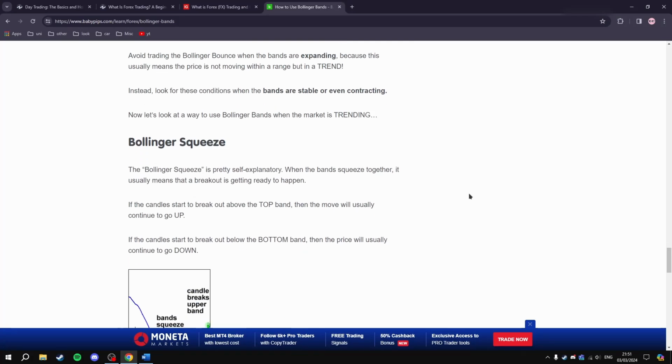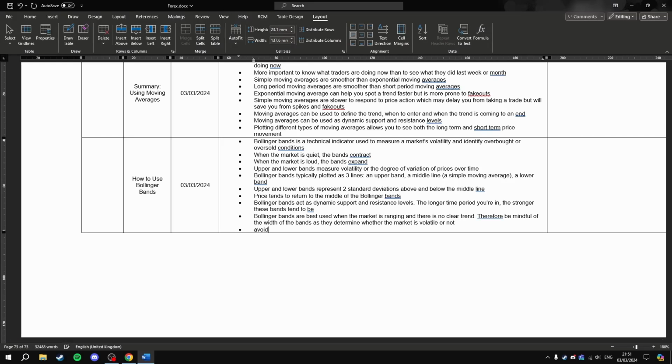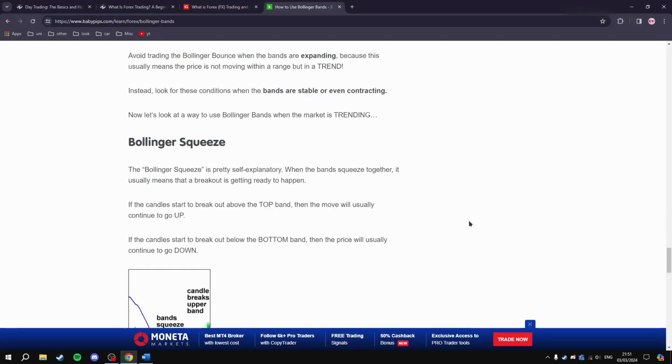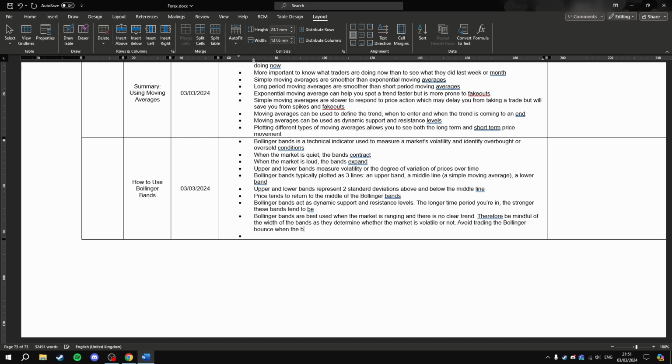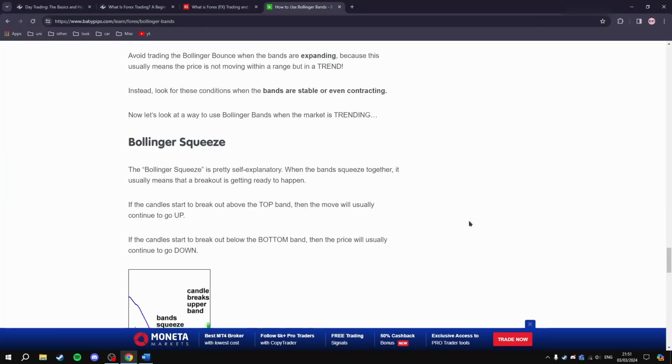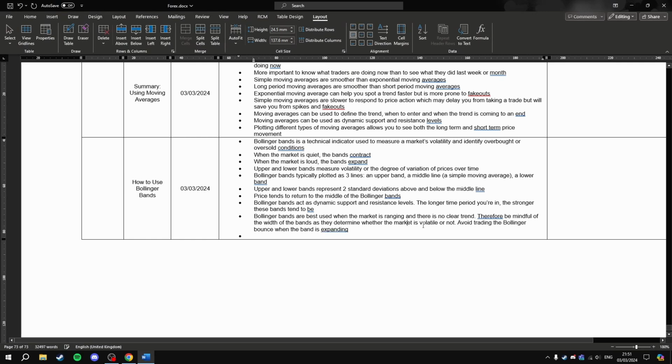Avoid trading the Bollinger Bounce when the bands are expanding, because this usually means that the price is not moving within a range but in a trend.